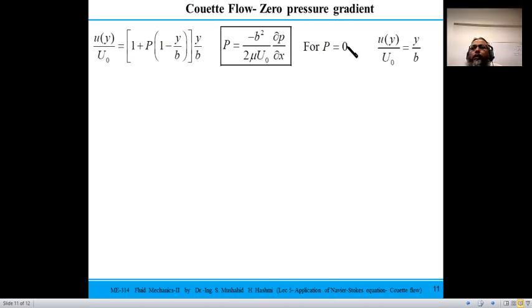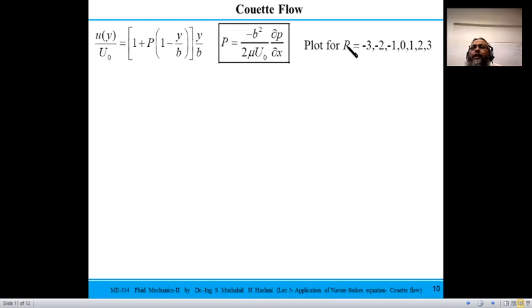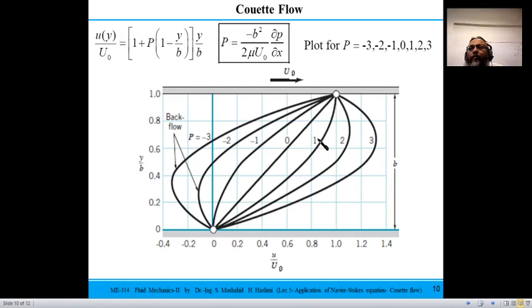For example, in the previous case we saw when p equals 1, then you have this typical velocity profile. This layer would be moving with this velocity, and then velocity is decreasing but not linearly, it is non-linear.